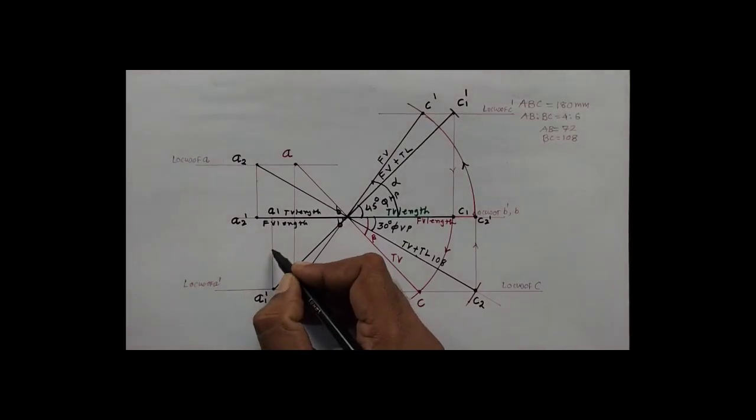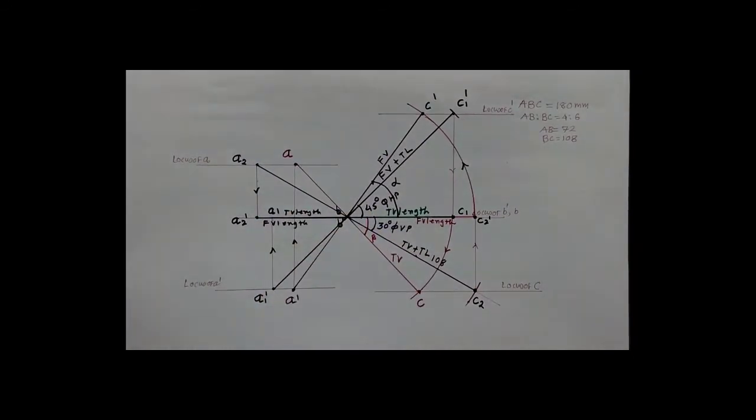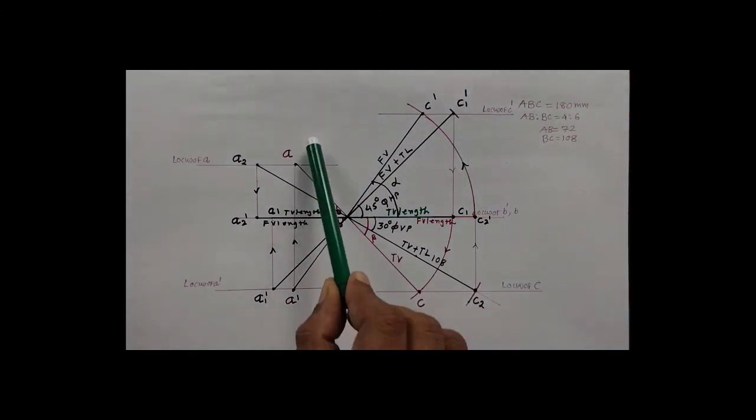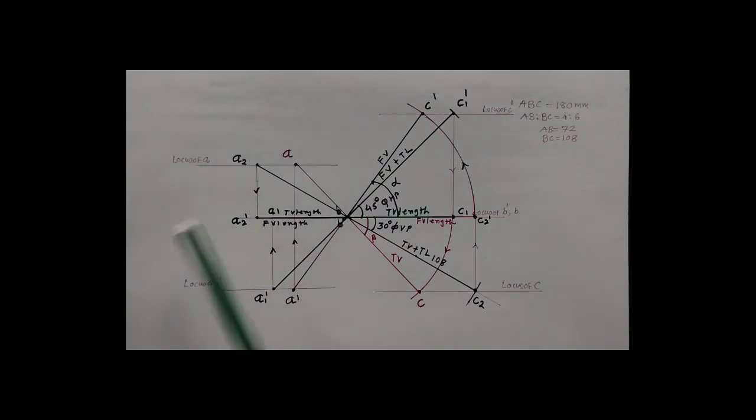So friends, this is the entire problem: the ABC line, where your middle point is exactly on the XY line, your C point is in the first quadrant, and the A point is in the third quadrant.